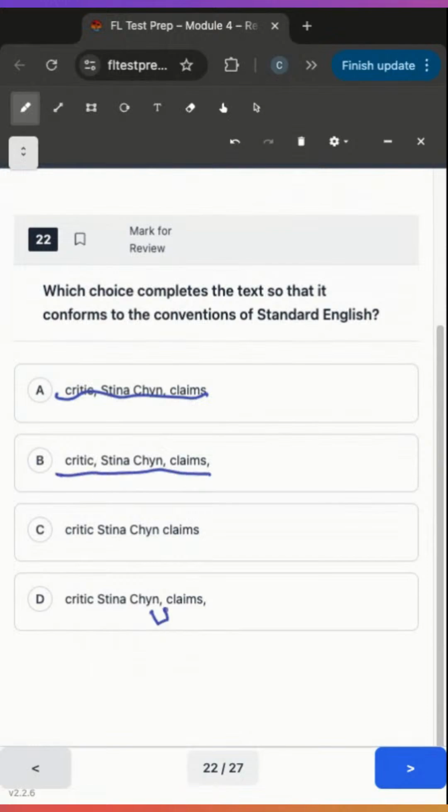I can see that there are 2 commas around claims. I feel like claims is an important verb. Also, super weird to put 2 commas around a verb that critic Stina Chin claims. You wouldn't do that. The verb is necessary to introduce that quotation at the end. So C is going to be the correct answer for this question. What a dingus. I can't believe I missed that.